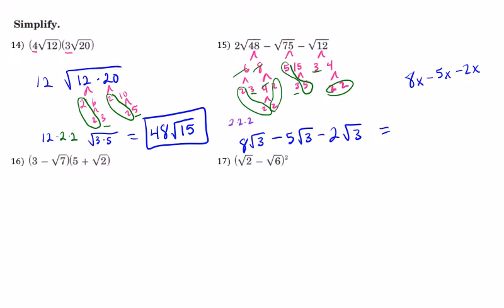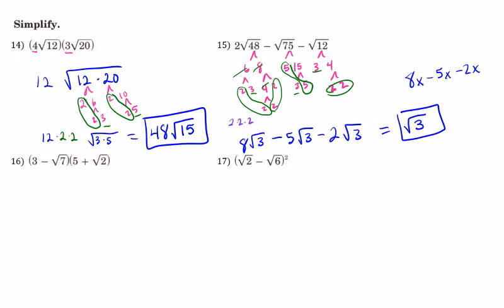So 8 minus 5 is 3. 3 minus 2 is 1. So we end up with 1 root 3, but that 1 we make invisible. Okay? So that's our answer after all that. So make sure you simplify each radical individually, and then whatever your like terms are, make sure you combine those radical like terms or radical like expressions.